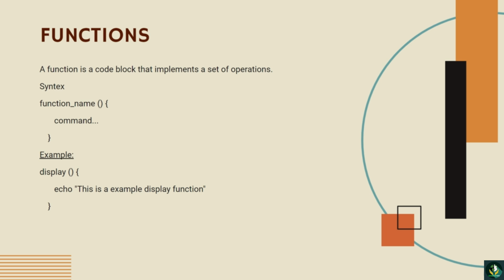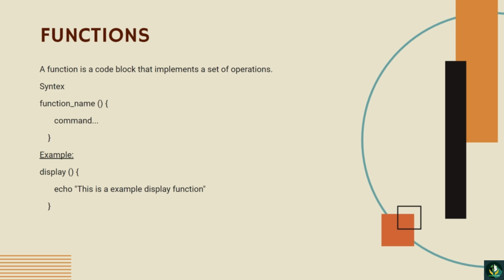For example, display1 is a function name and we are using an echo statement as a command. It will display a line stating this is an example display1 function.